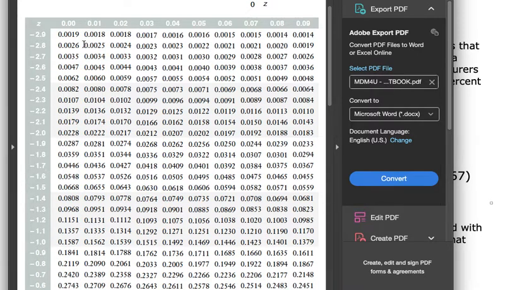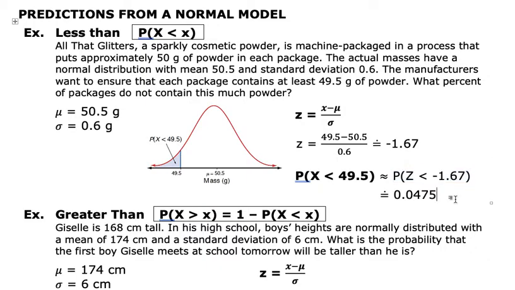Negative 1.67, notice that that is happening from these columns. So we look at that intersection. 1.67 is here, 0.0475. And that is our best approximation for the probability that a package contains less than 49.5 grams of powder.